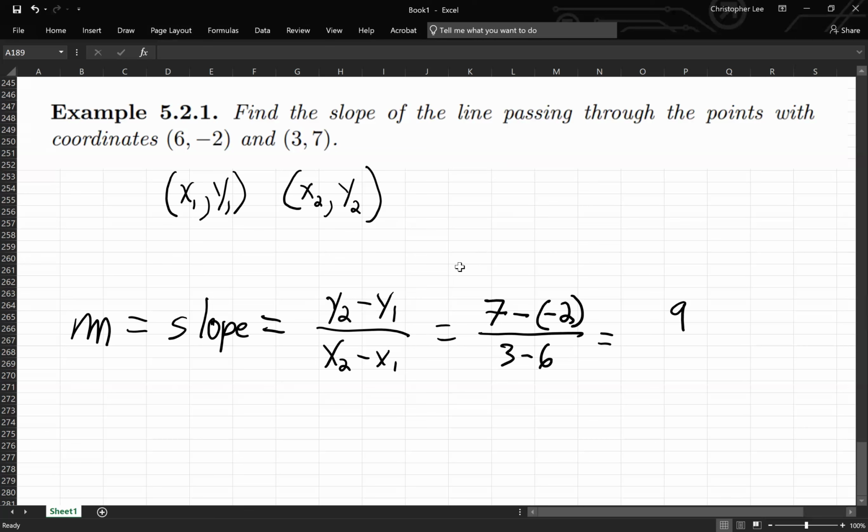Negative is positive. You can type this in the calculator, so no worries about that. What's 3 minus 6? -3. Very good. And then 9 divided by -3 is -3. So that's my answer, and that's it.